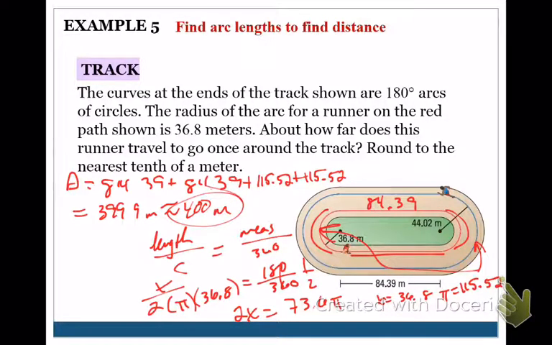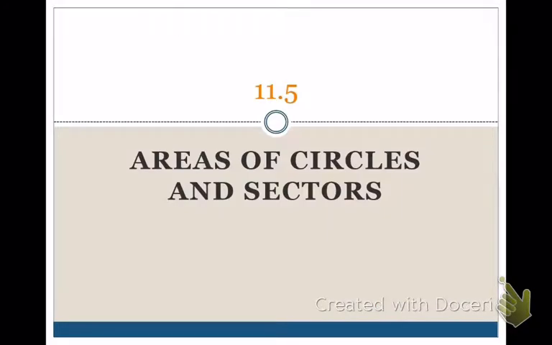Okay? This makes sense? Because the track is supposed to be about 400 meters around. All right? Okay, so that's arc length.